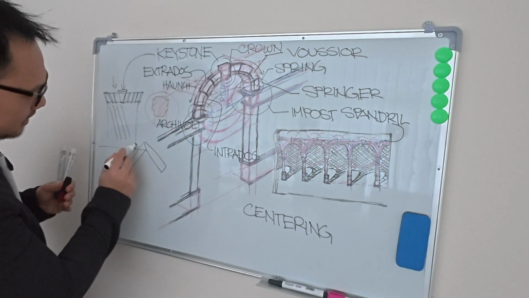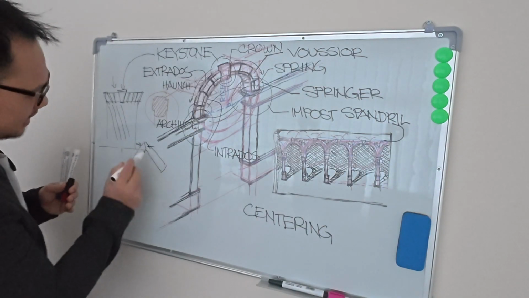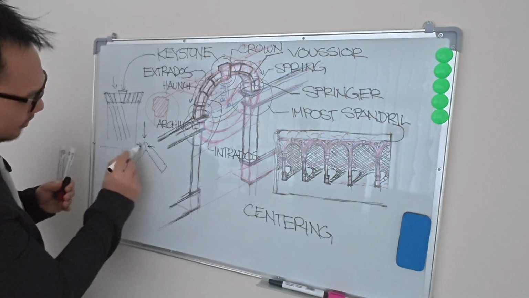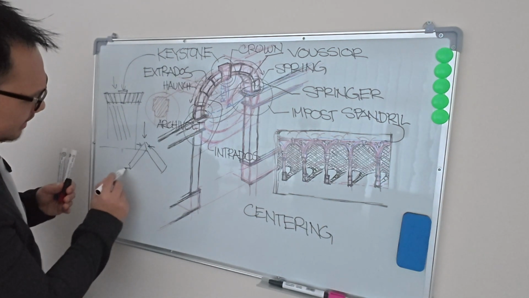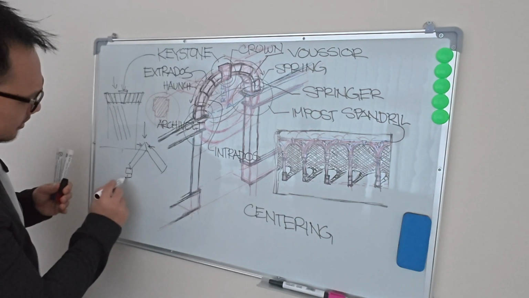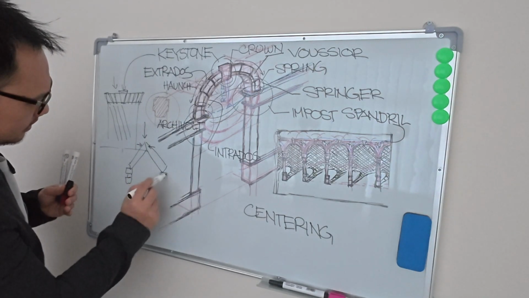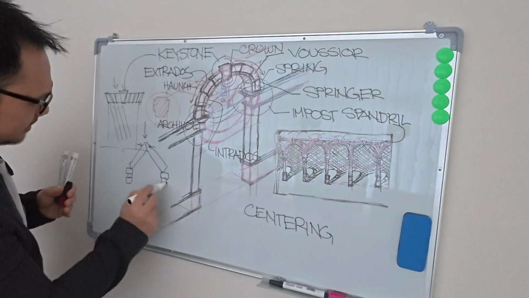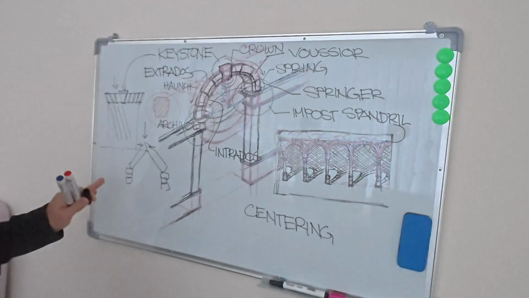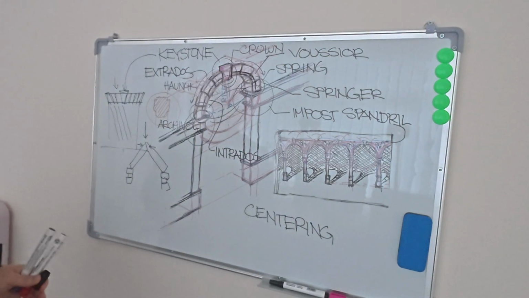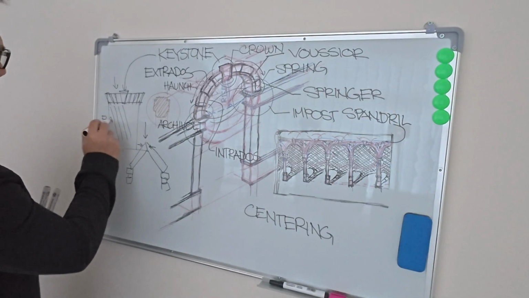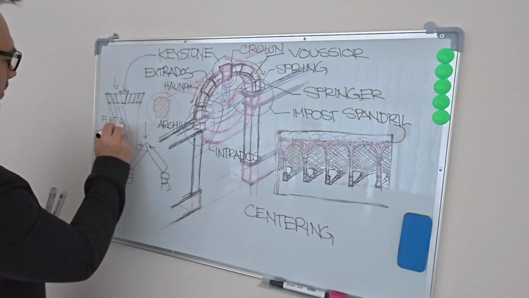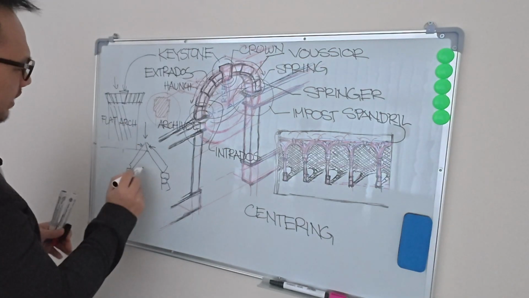So the force is pushing in that way, and that area carries the weight above it, okay? And typically, these are found in somewhat primitive setups, right? That would be our triangular arch, okay? So we have the flat arch, and the triangular arch.